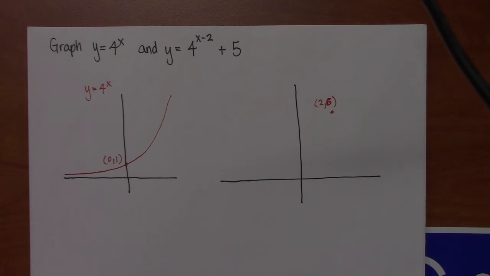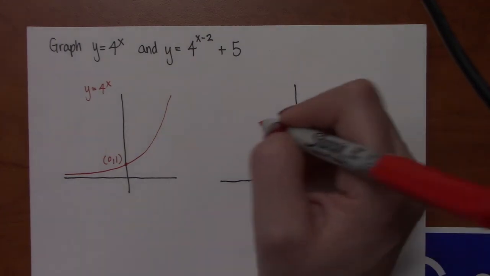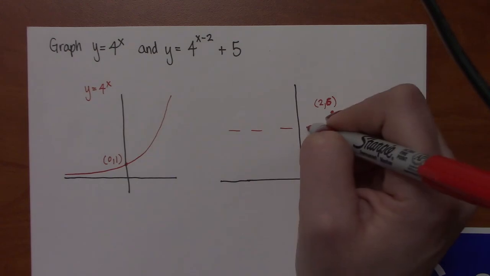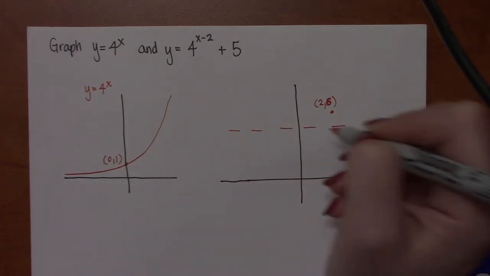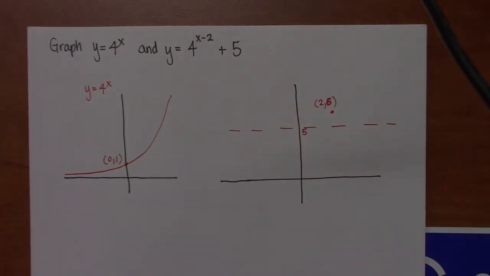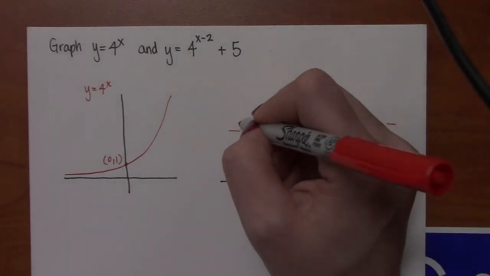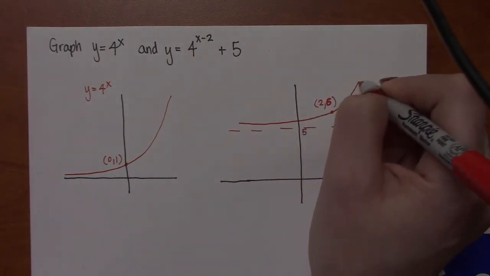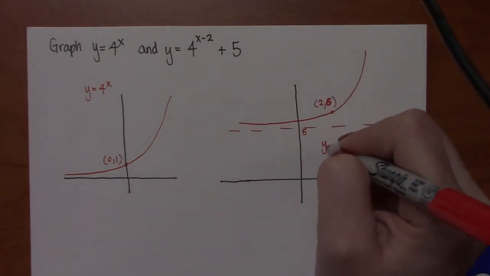It got really close to the x-axis, but it never touched it. So if the whole graph got shifted up 5 places, then we have an asymptote up at 5, because it was at 0, but it got shifted up 5 places. So my new graph looks like this.